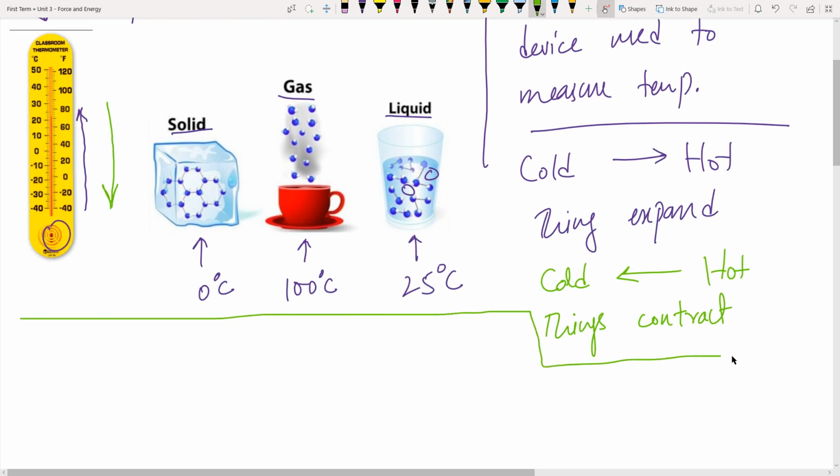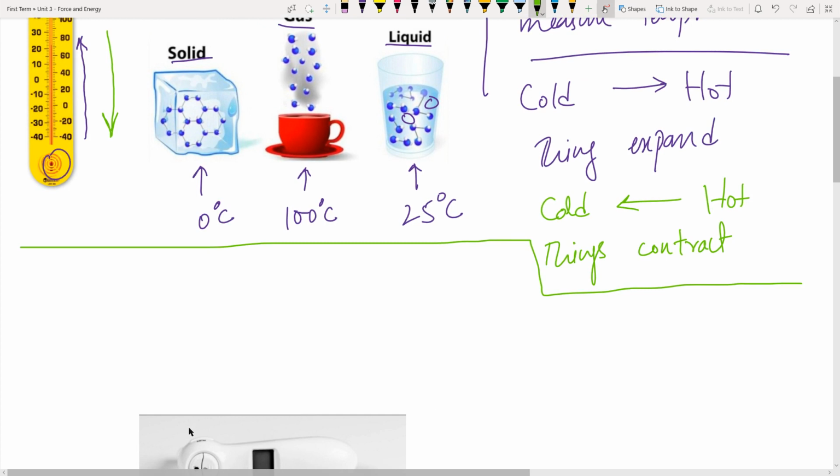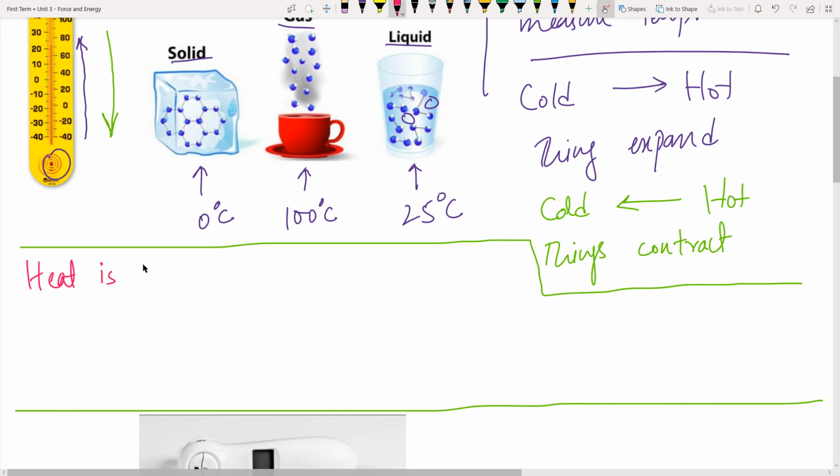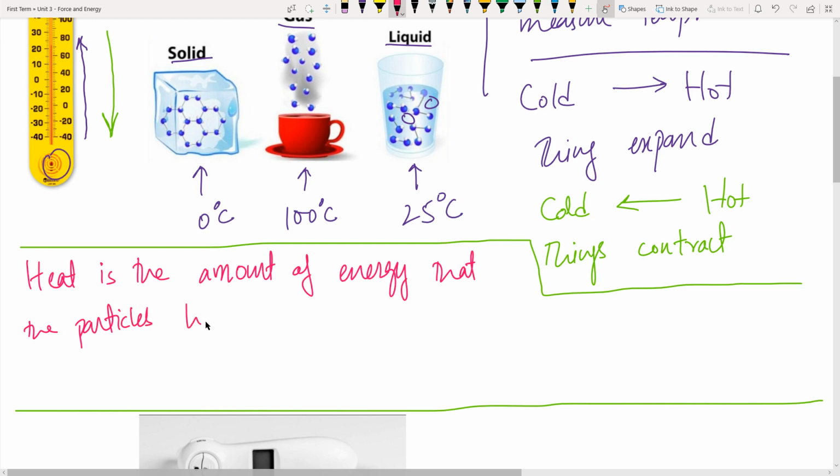And what is heat? Now I'm just going to define heat over here before I move into the examples, right? So what is heat? Heat is the amount of energy that the particles have to move about, right? So this is the energy with which the particles are going to be moving.